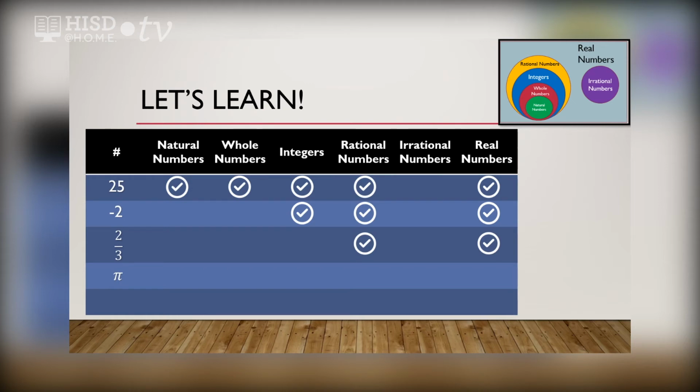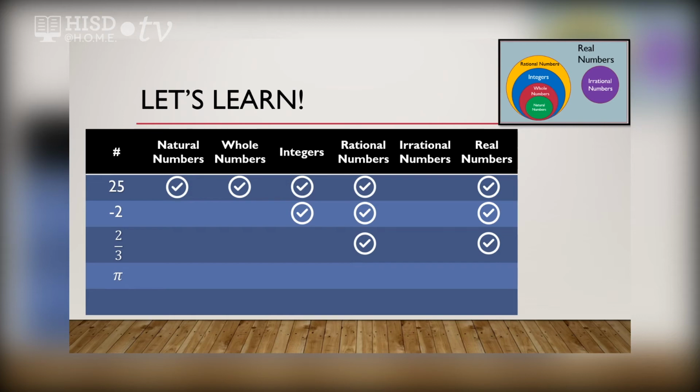Okay, so I know this number is a little bit tricky, but if you remember, pi is a number that does not have a termination. That means that this number is a decimal that goes to infinity. We don't know how many numbers are inside of this decimal.